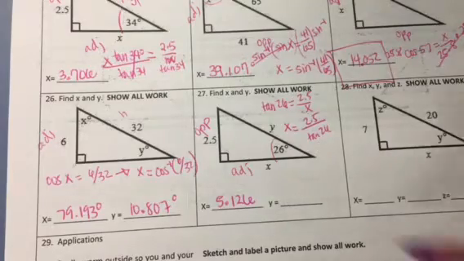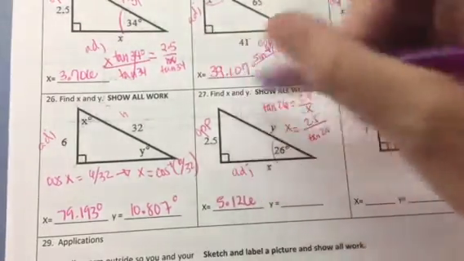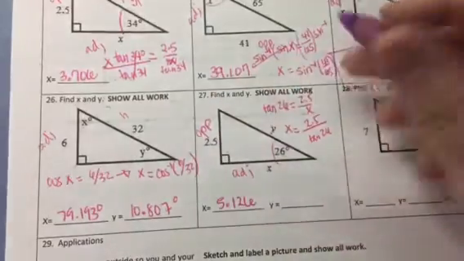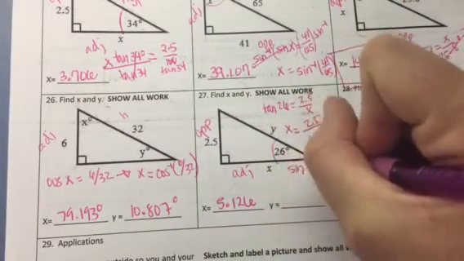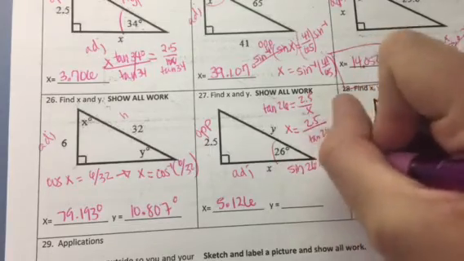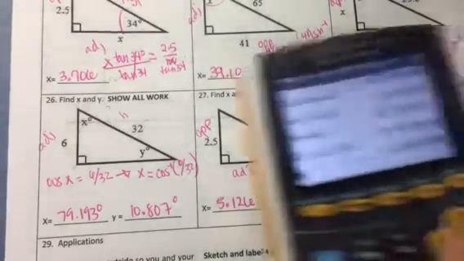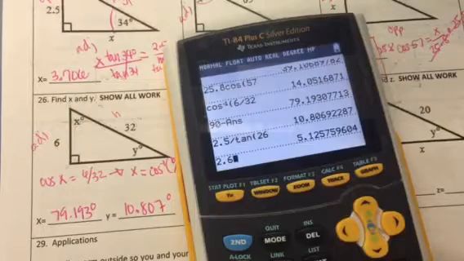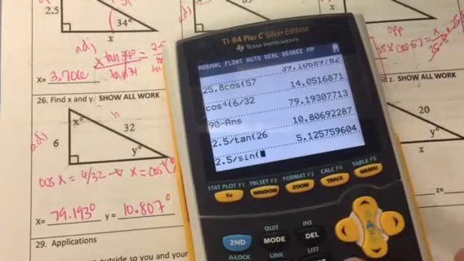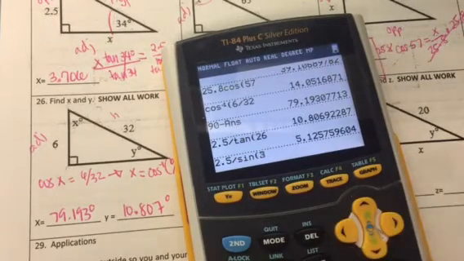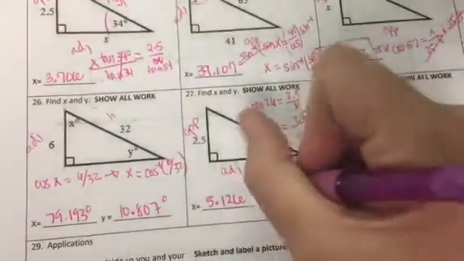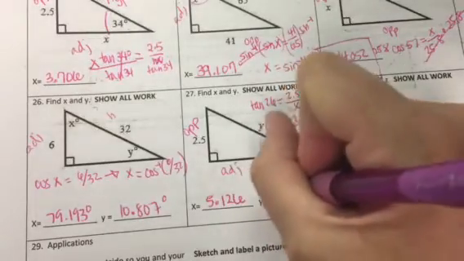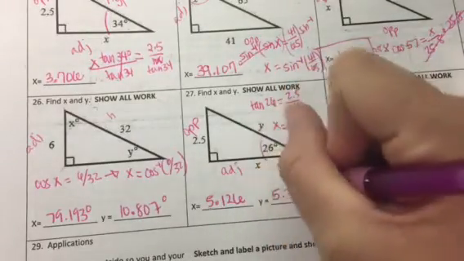So we could say the sine, because we would now be using the opposite and the hypotenuse, the sine of 26 is 2.5 over y. So 2.5 divided by the sine of 26, we should get approximately 5.703. Now if you did that using the Pythagorean theorem and you got the same thing I did, good job.